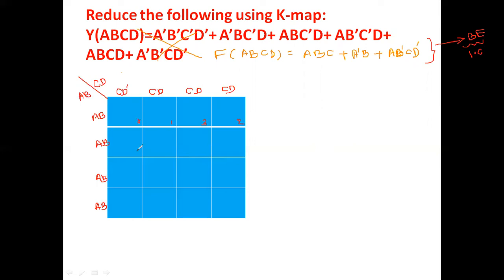So in this case, read the problem. The function given to us is an incomplete form. That means all four variables are not given in the SOP format of the Boolean expression. So you have to write the complete expression.